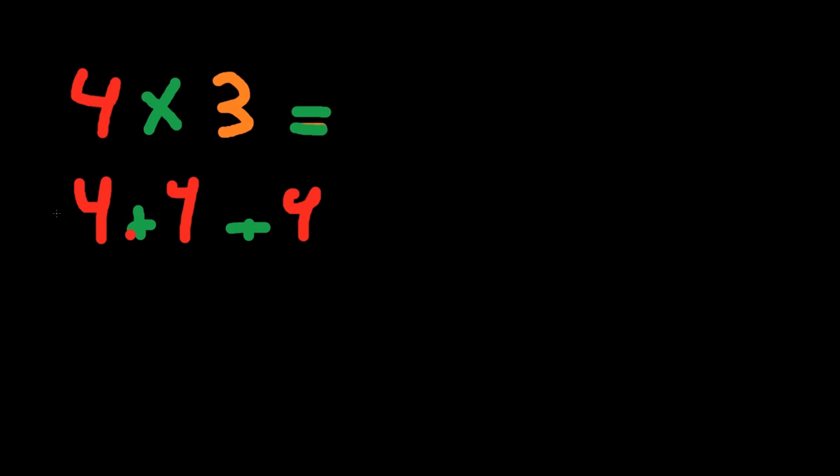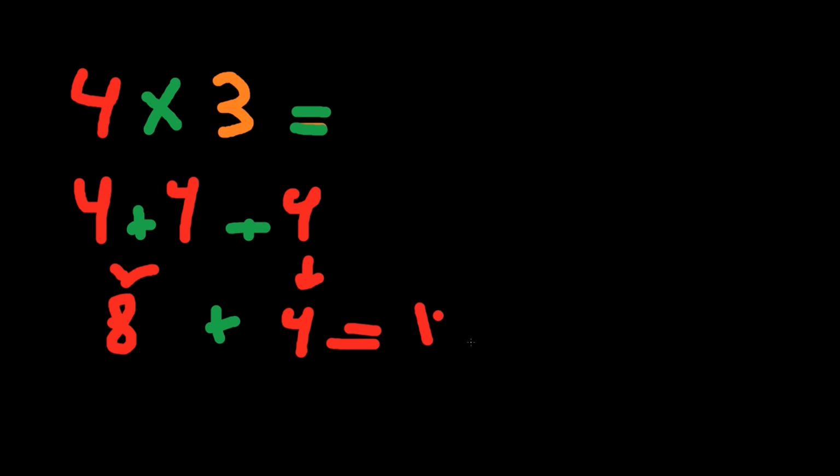So 4 plus 4 is obviously 8, and now we have plus 4, because we actually just added the first two numbers but not the third one, because this one we just dropped down as it is. Now if we add this, we would get 12.